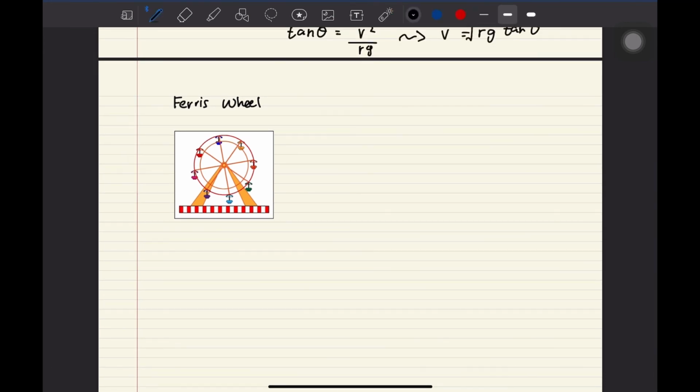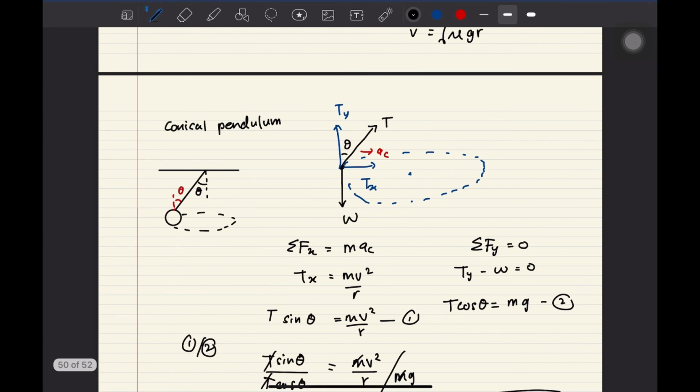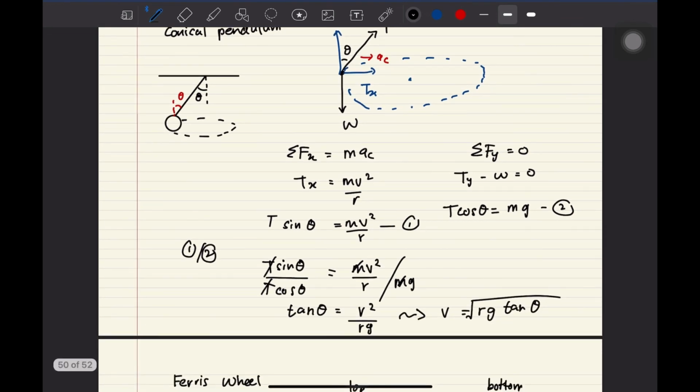Okay, Ferris wheel. If I want to draw the free body diagram, normally the question will ask you at two positions, at the top or at the bottom. You notice before this was about horizontal plane circular motion, so your centripetal acceleration, ac, will be in the x component.